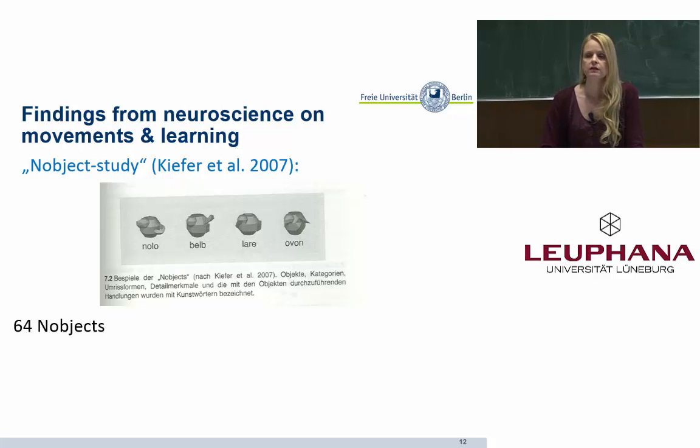For this study, the researchers invented 64 non-existing objects, NOBJECTs, to make sure nobody knew them. Elimination of prior knowledge. They projected and named the objects. And the elimination of prior knowledge was important as the study participants had to learn the objects' names, to match the picture and the name, and so on.